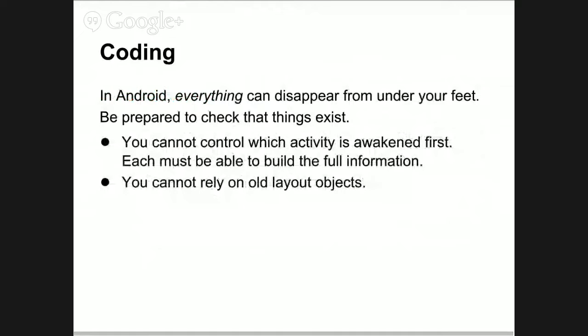The other half of it is that in Android, pretty much everything can disappear from under your feet. It's incredible how many things that you count on may actually not be there when you don't expect it. I think I was talking to you about this phenomenon a couple of classes ago, right?